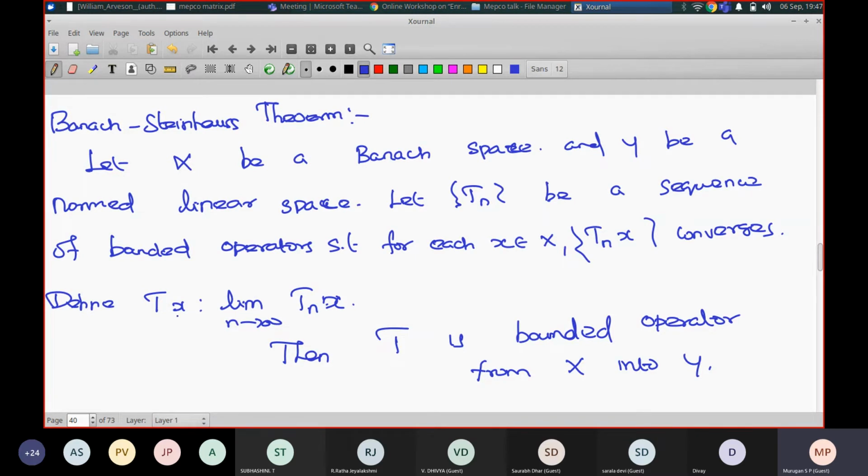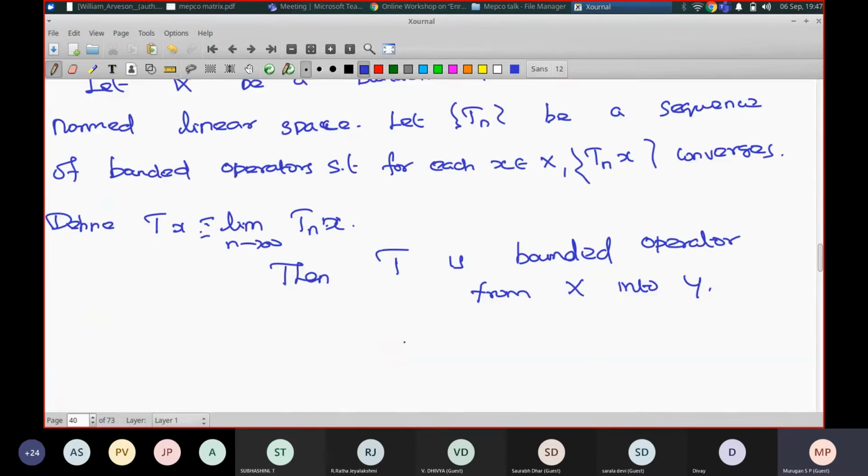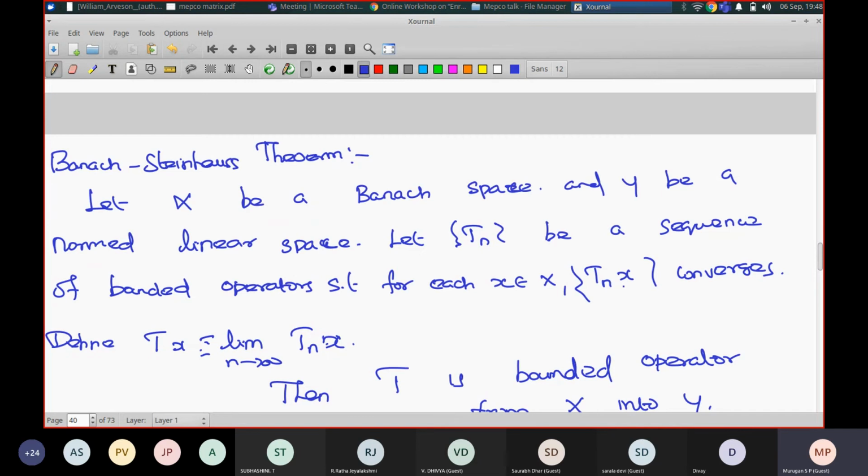So define T of x as the limit as n tends to infinity of Tn of x, because we have the assumption that Tn of x converges. Then by the uniform boundedness principle, one can easily see that T is a bounded operator from X into Y. So you can define a new bounded operator by using the uniform boundedness principle.